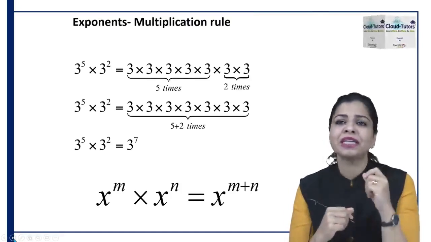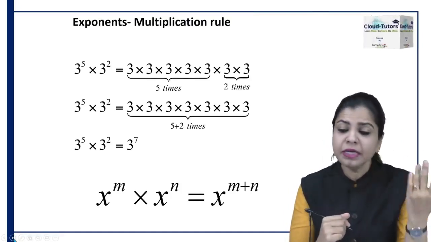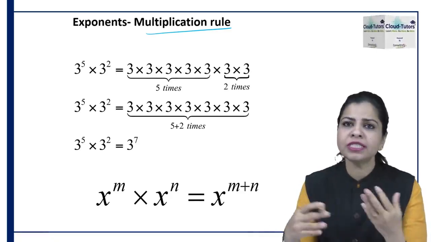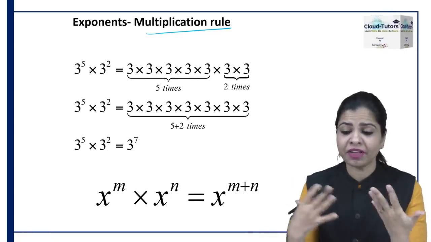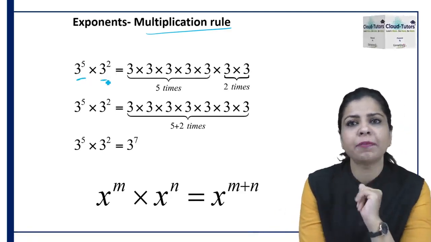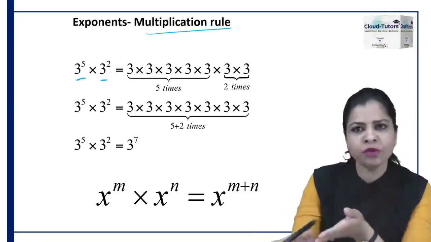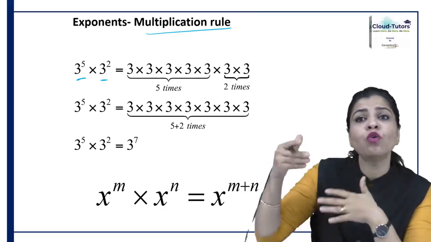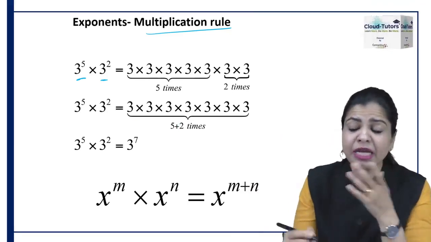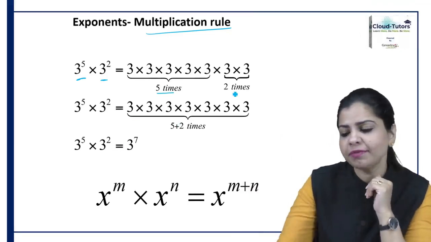This is our first law, which is called the multiplication rule. You are constantly multiplying, right? For example, 3 power 5 into 3 power 2. You wrote it in the expanded form, then counted the number of times you have written it. How many times did you write? 7 times. You wrote first 5 times and then 2 times.